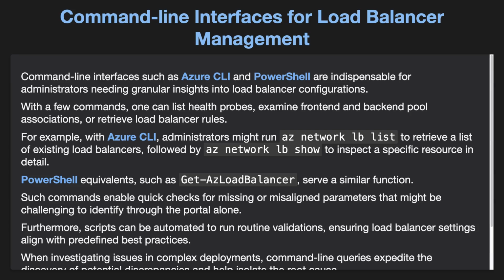For example, with Azure CLI, administrators might run az network lb list to retrieve a list of existing load balancers, followed by az network lb show to inspect a specific resource in detail. PowerShell equivalents, such as Get-AzLoadBalancer, serve a similar function. Such commands enable quick checks for missing or misaligned parameters that might be challenging to identify through the portal alone.